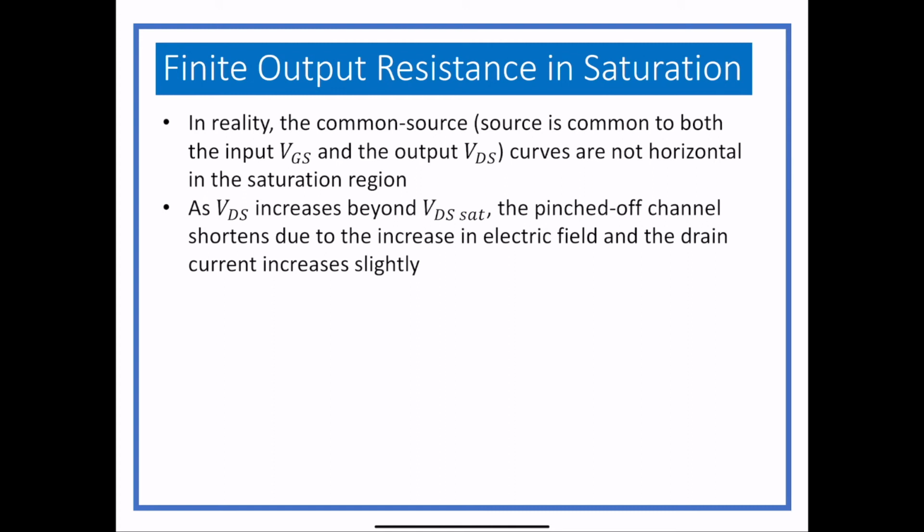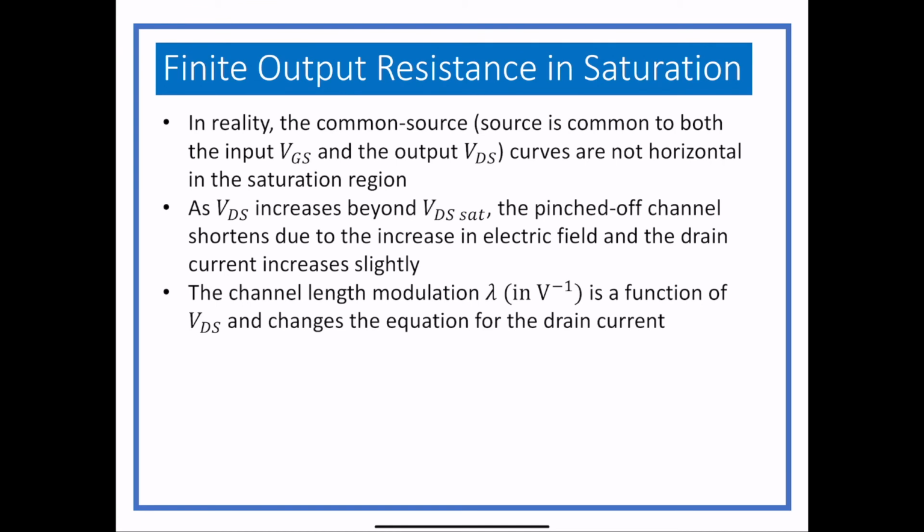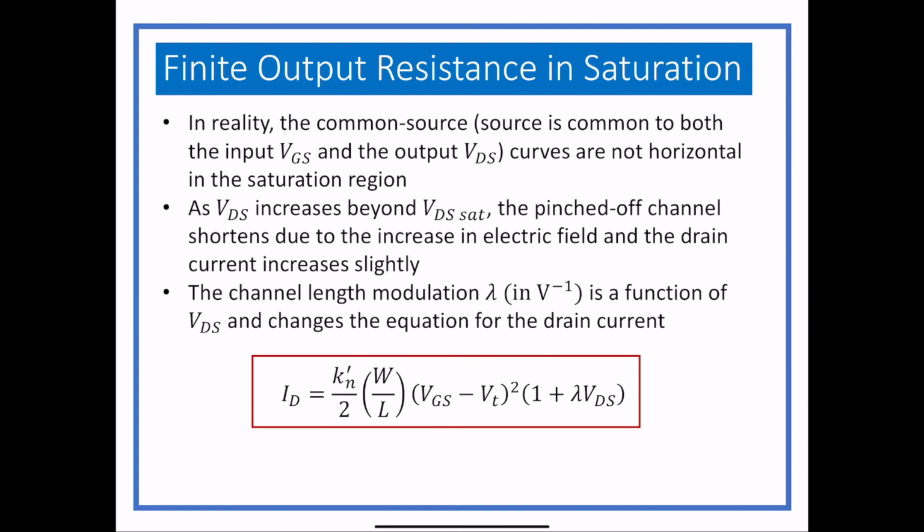Of course it's going to have an effect somehow, and it does. So what they call this shortening of the channel is something called channel length modulation. Since modulation kind of means change, but the channel length changes. It's a function of VDS, and it actually changes the equation for ID slightly.